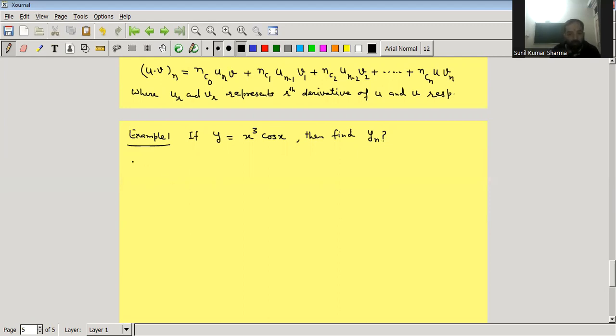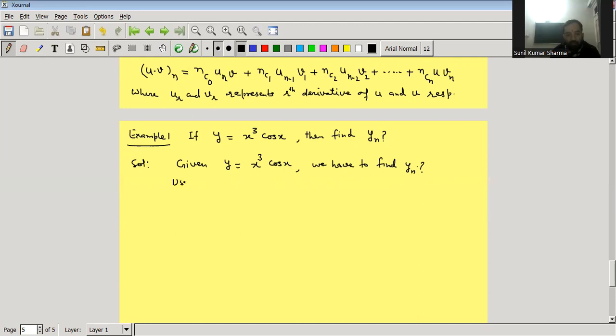Given y is equal to x to the power 3 cos x, we have to differentiate the given function n times. So by using Leibnitz's theorem, we have to find yn, the nth derivative of this function.